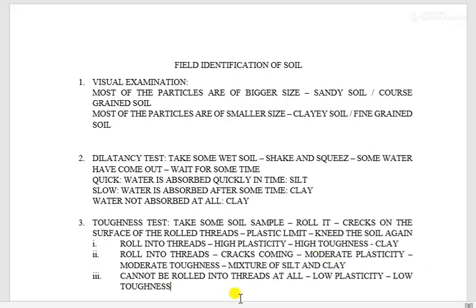If the soil cannot be rolled into threads at all, then the soil may be classified as silt. Now, if there is some lack of toughness, that means low toughness, then obviously the soil may be classified as silt, but it may be with organic substance also.